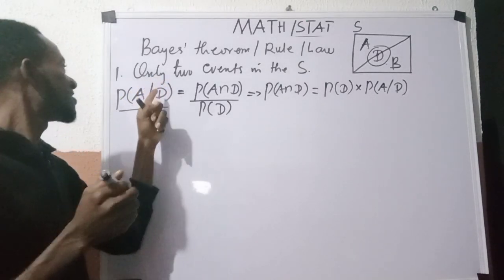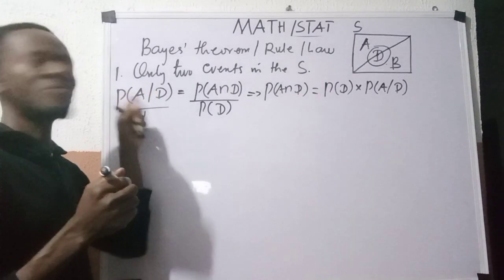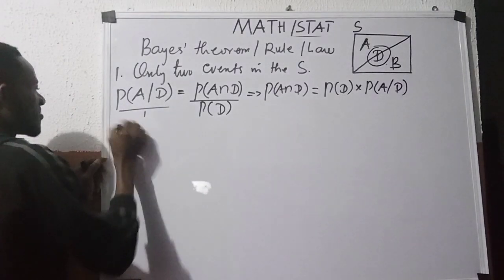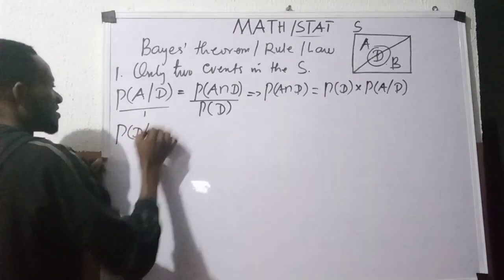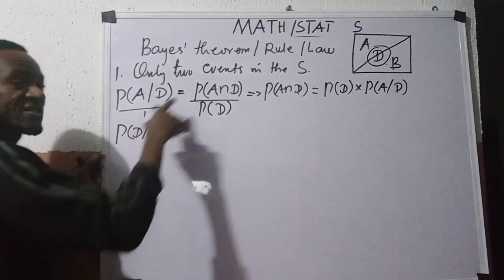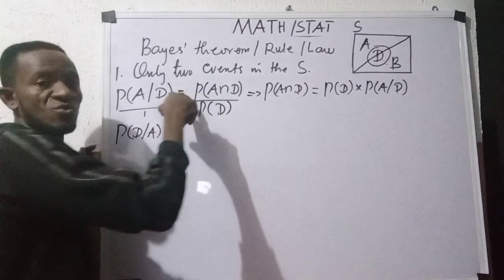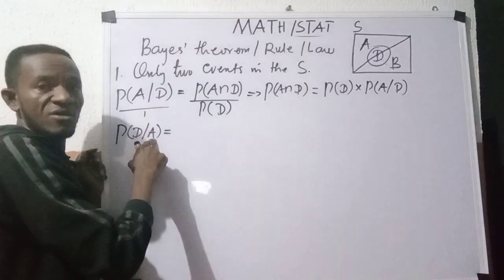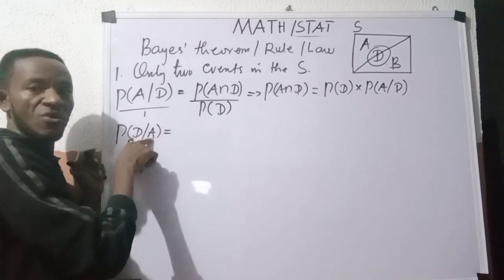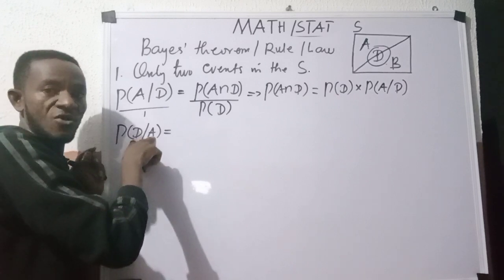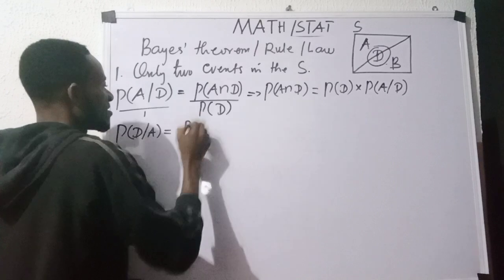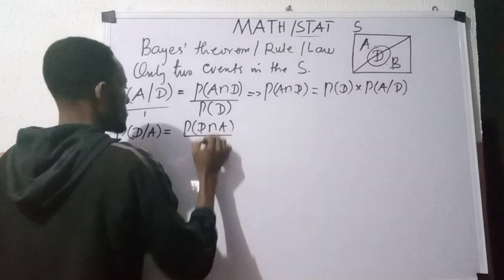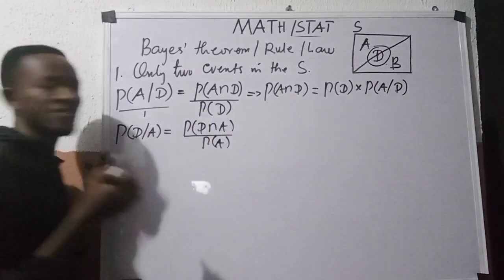Reverse here, I mean, instead of A given D, we now look at the probability of D given A. In that case, it is still defined the way we defined the first one: the ratio of the joint probability of D and A over the probability of the event that occurred earlier, which in this context is A. So it is P of D intersection A all over P of A.